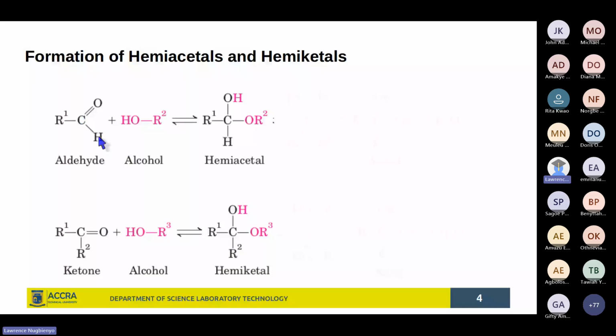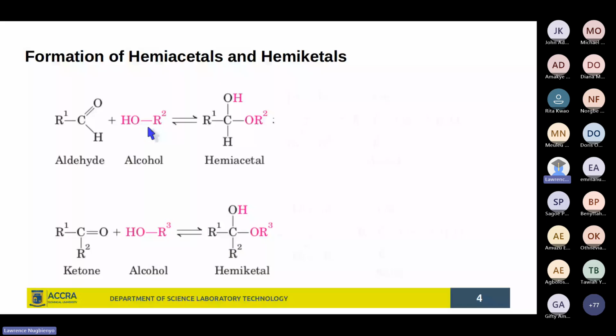Now, the alcohol, intentionally I've written it in red color so that we can trace where each part of the alcohol molecule goes after the reaction.